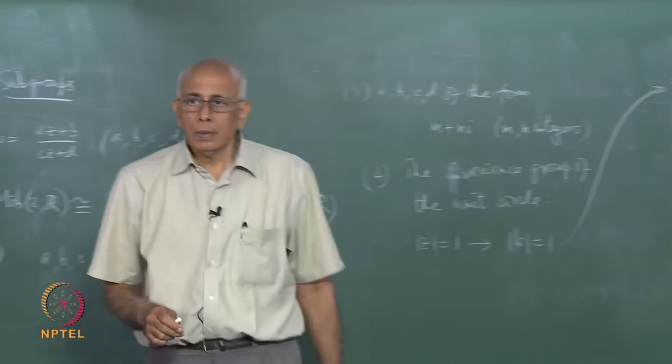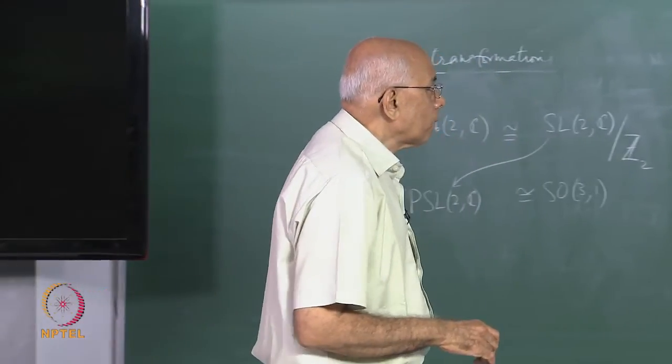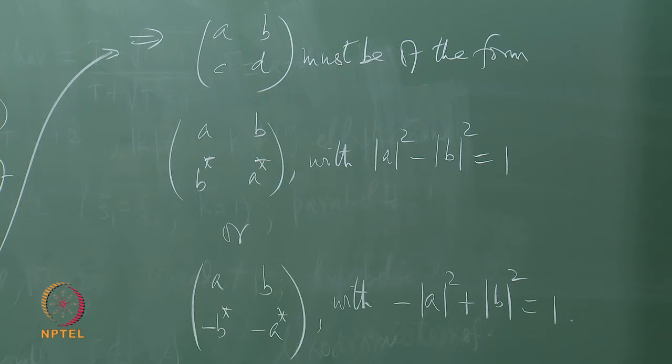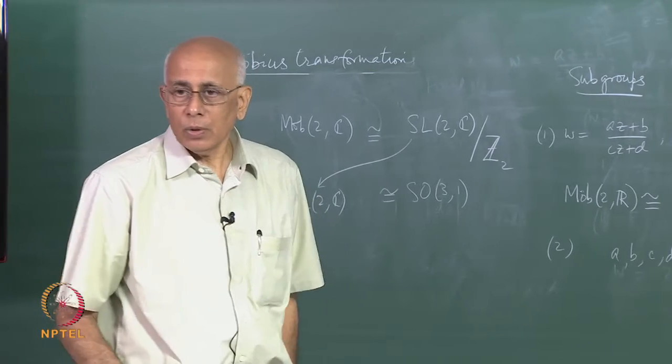Okay. So both these are permitted. And once again you can change the sign of A, B, C, D completely, all 4 coefficients, and the transformation will not change at all.